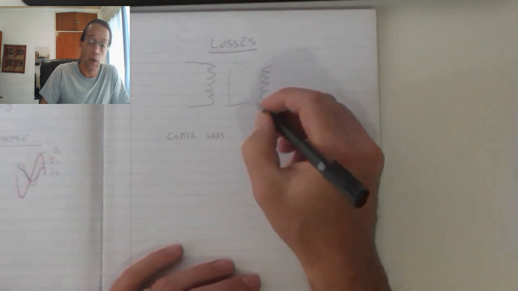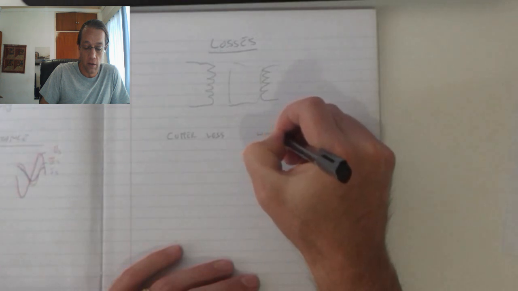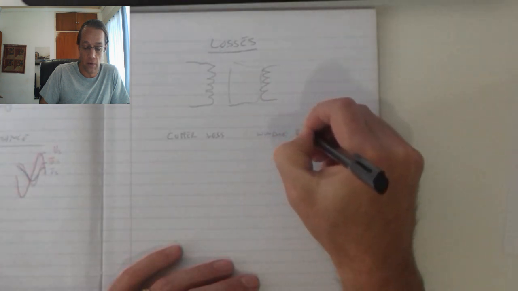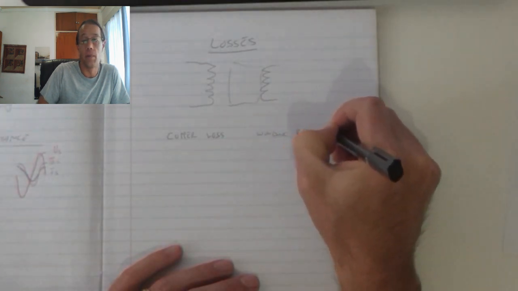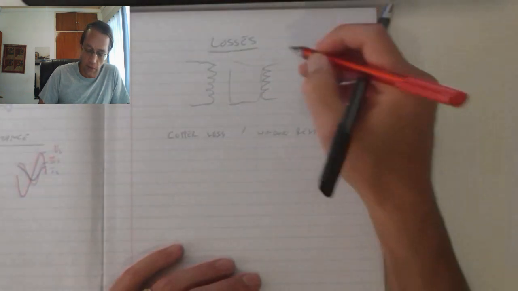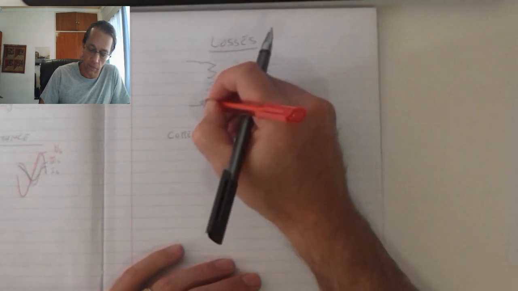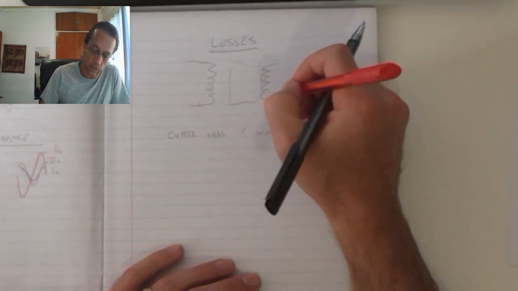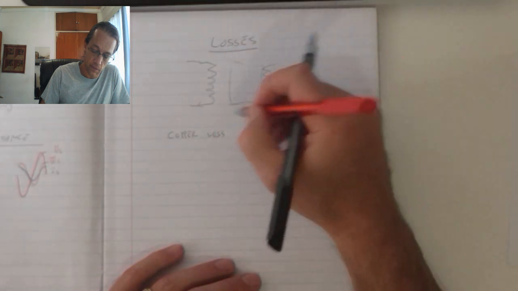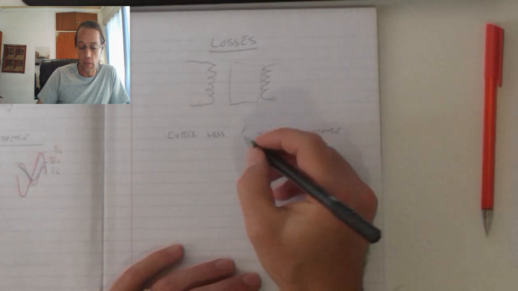Copper loss is also called winding resistance. Because we're using copper and current is flowing through these coils, they are going to cause resistance, which will decrease the efficiency.